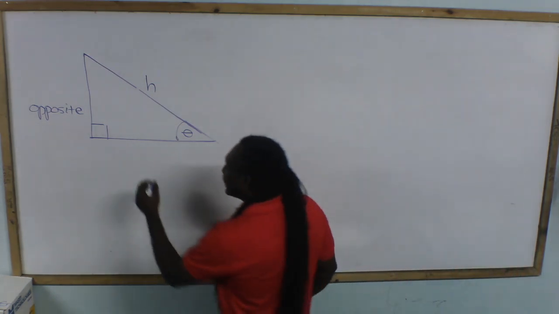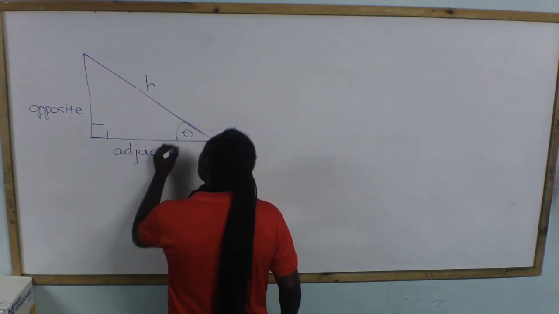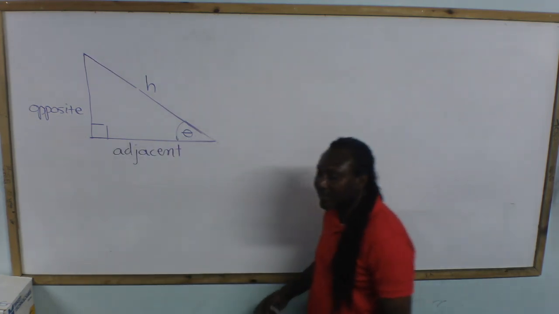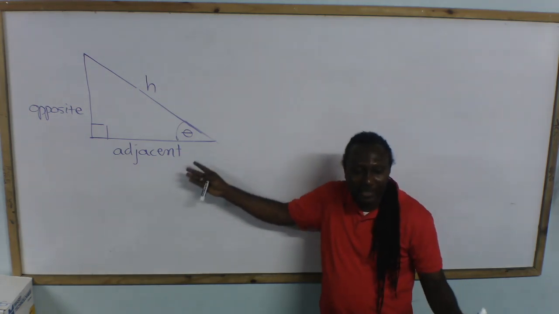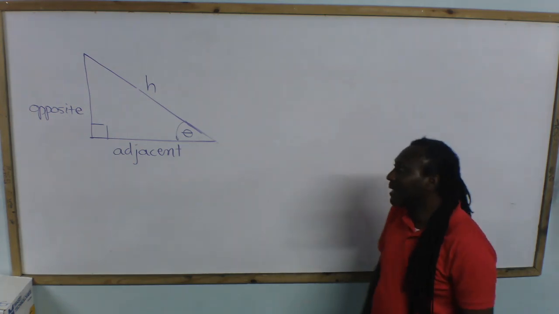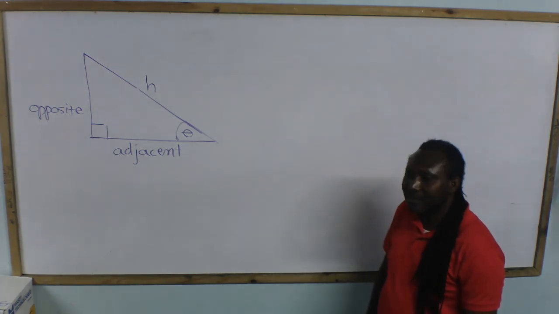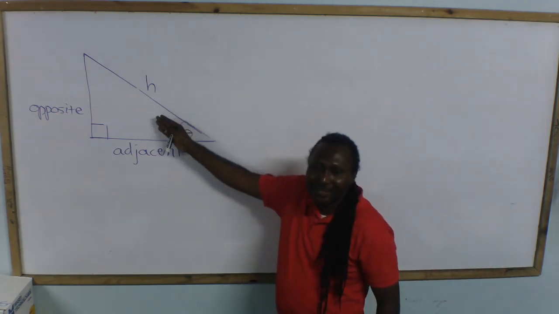So for your opposites and your adjacent, they have the same meaning in trigonometry that they would have in your everyday life. Opposite and adjacent. And you know that your hypotenuse is what?